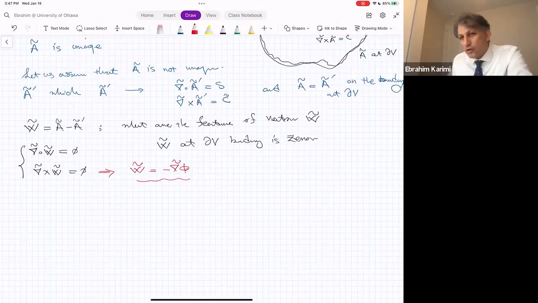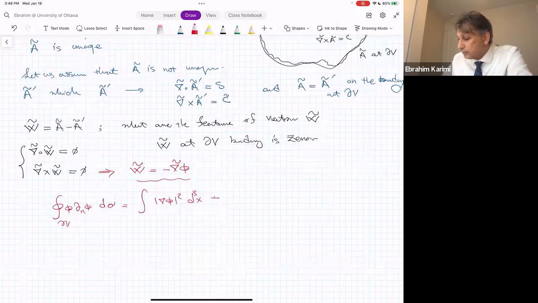Can we write down the first Green theorem, which was integral of phi, derivative of phi with respect to n at the boundary, d sigma, equal to integral of gradient of phi to the power of 2 d3x plus, on the volume, integral of, I don't remember, what was that?